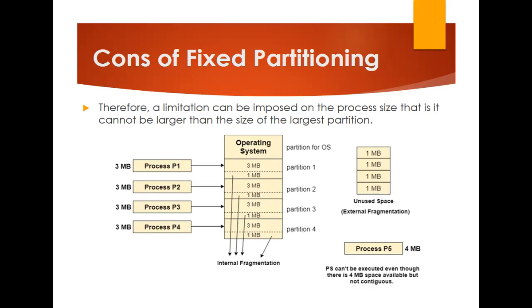When I have 3 megabytes in partition 1, let's say we put all the partitions, partition 1, partition 2, partition 3, and partition 4, as separate spaces, and we put the empty space, 4 megabytes, as a separate space.